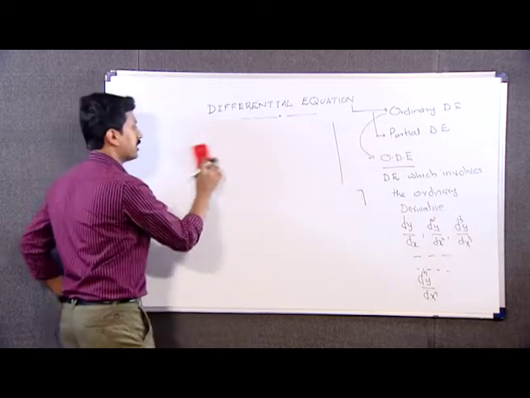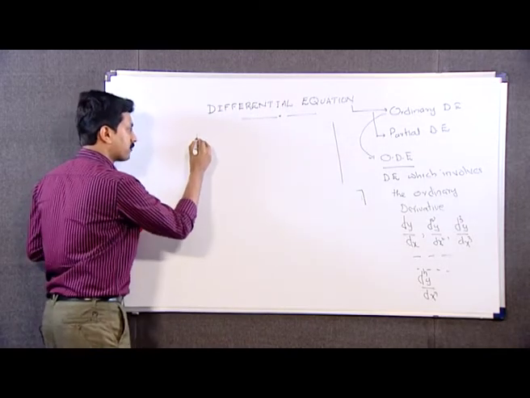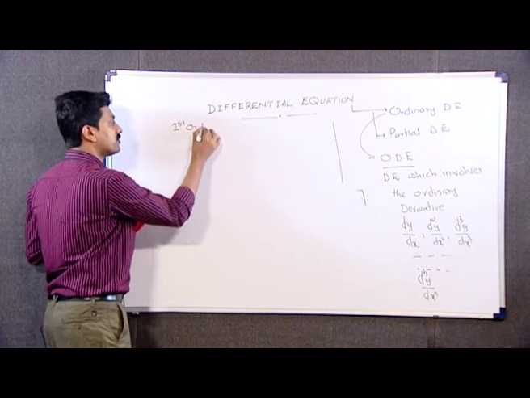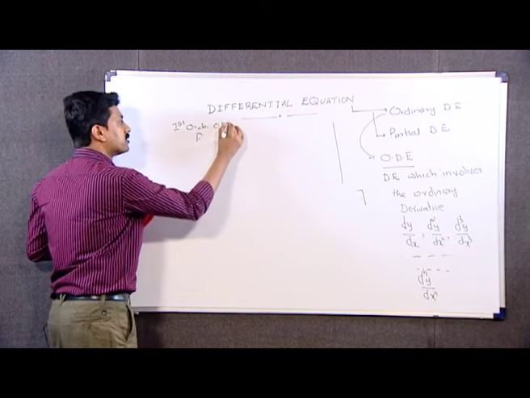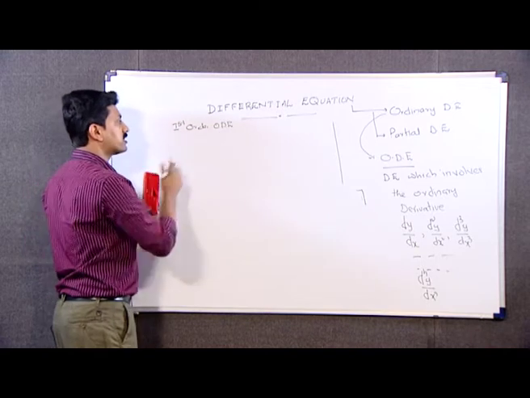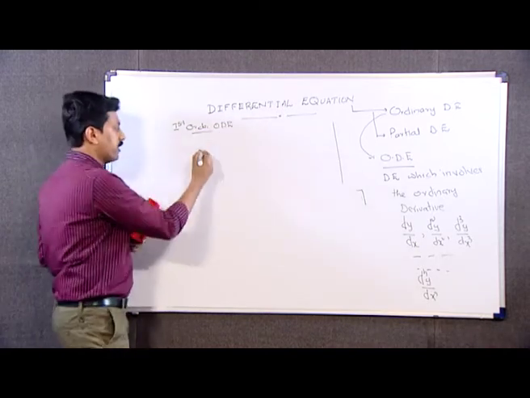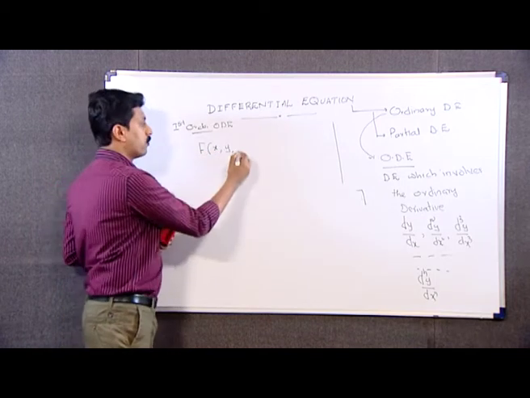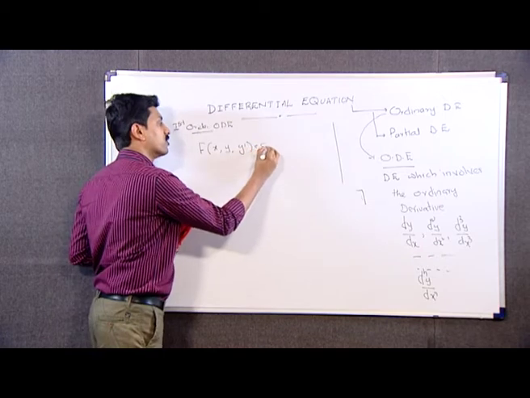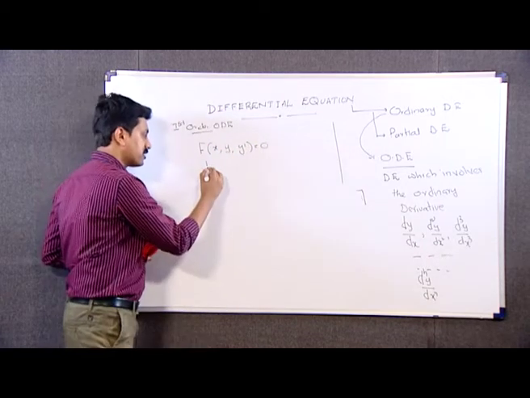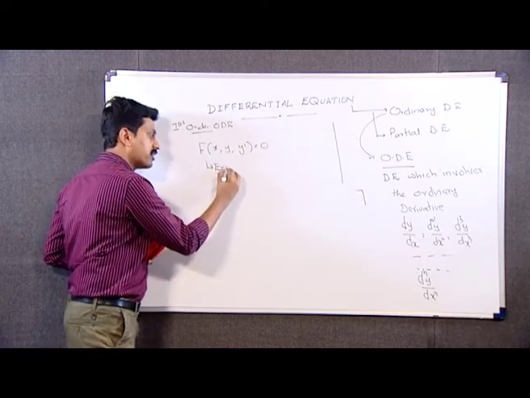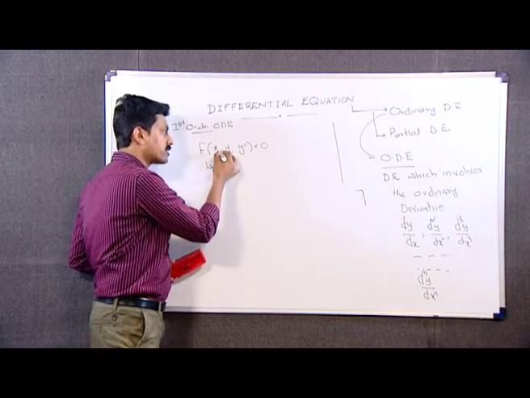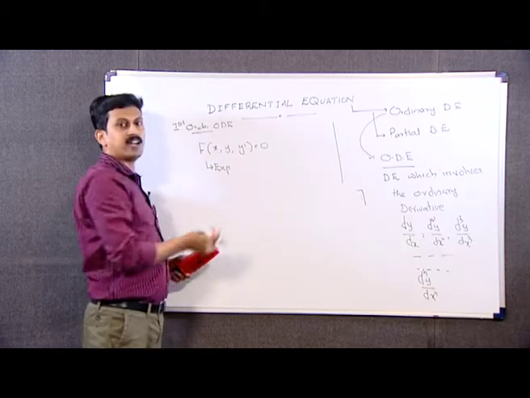For convenience, we describe this generally as a function. For the first order ODE, I can represent this as f of x, y, y dash equal to 0. That means this is a mathematical expression which involves x, y and y dash.